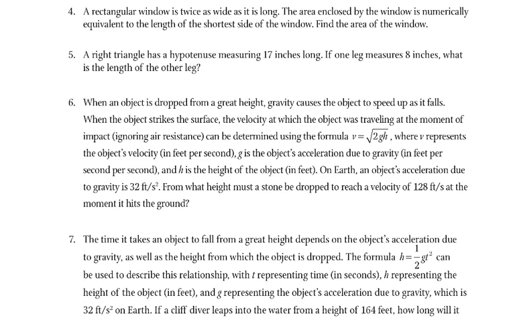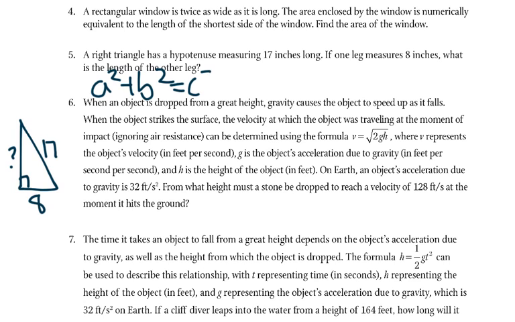Let's try number 5. Number 5, we've got a right triangle that has a hypotenuse measuring 17 inches long. If one leg measures 8 inches, what is the length of the other leg? Well, this we can use the Pythagorean theorem, right? a squared plus b squared equals c squared. So c is 17. One of the legs we'll call a, the other one is 8.